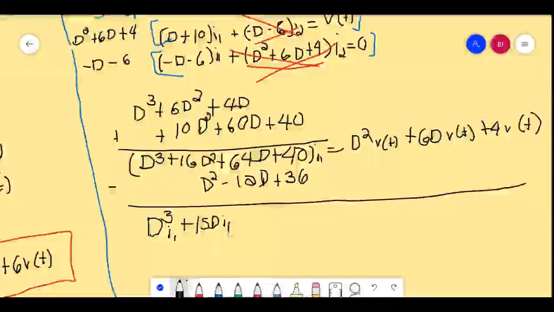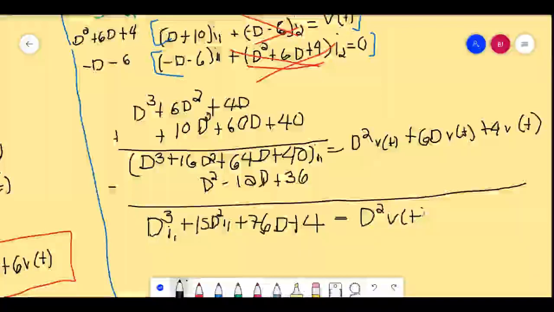I'll distribute I1 as well. 64 minus negative 12, so that would be plus 12, so that would be plus 76d. 40 minus 36 is 4. And then we'll bring this whole lot down: d squared v of t, 6d v of t, plus 4 v of t.